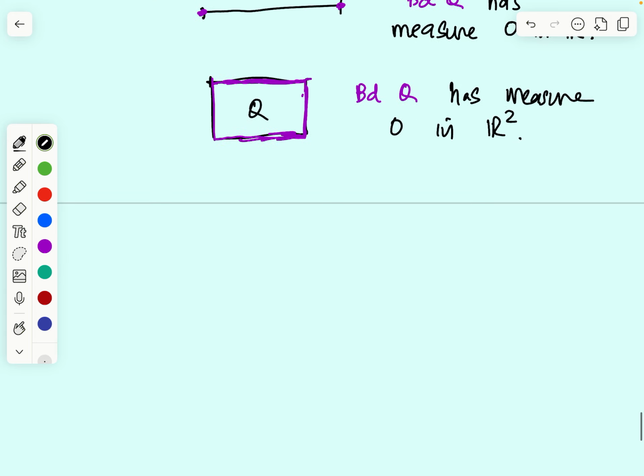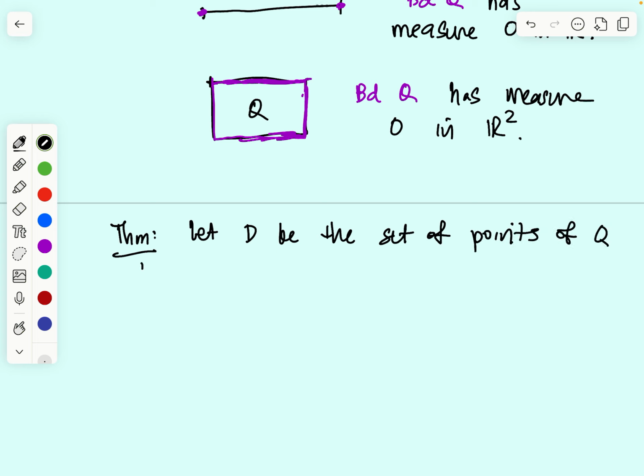Now we can relate the concept of measure 0 to integrability. Again, we have the same setup. We have Q, a rectangle in Rn, and a bounded function f from Q to R. Let D be the set of points of Q at which f fails to be continuous.